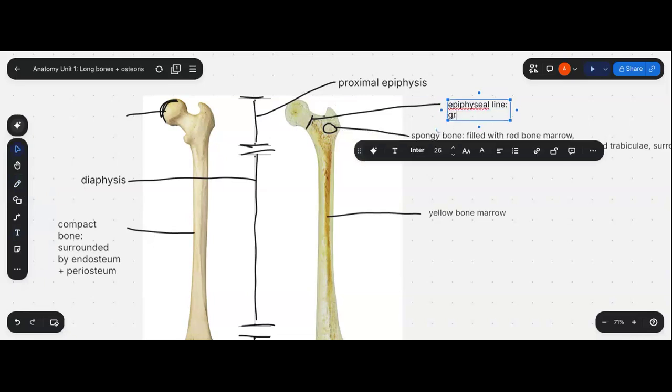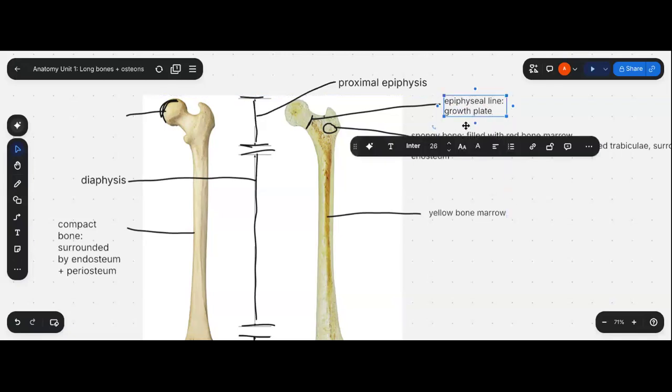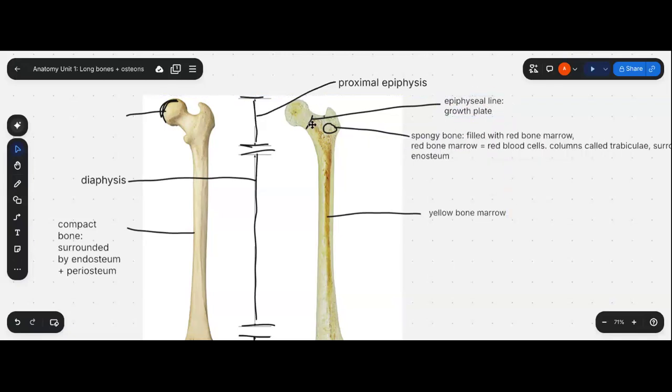So if you have a lot of hip pain when you are going through puberty or growing, that can be because your bone is literally building upon itself in order to lengthen out.